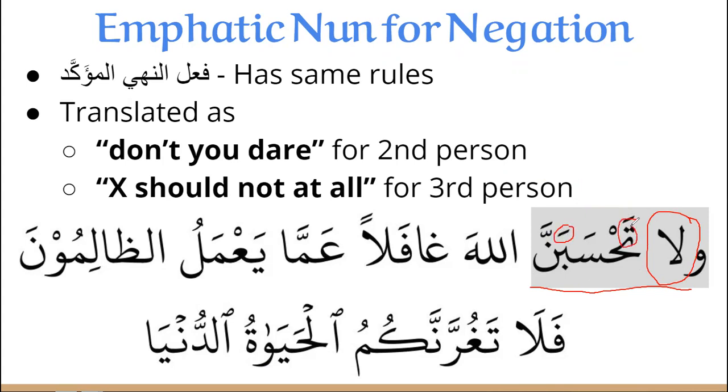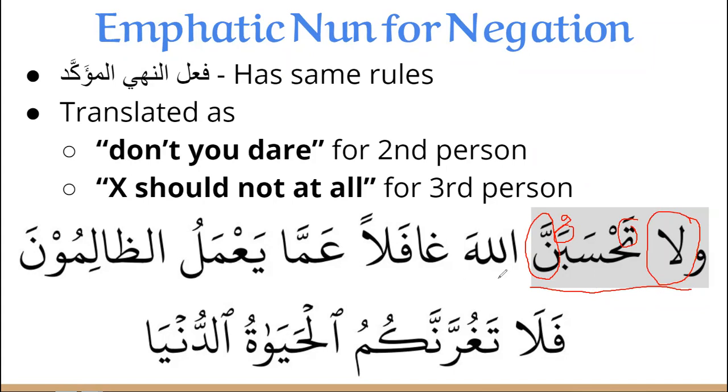Ta, and it's supposed to be tahsabu, but tahsabu changed and became tahsabanna. So it's the emphatic noon. Hasiba yahsubu means to think. La tahsabanna means don't you dare think.